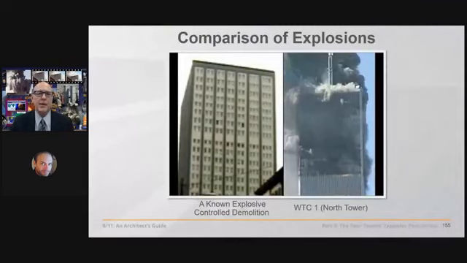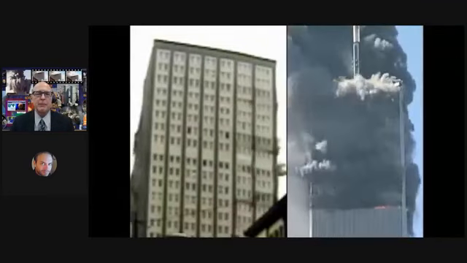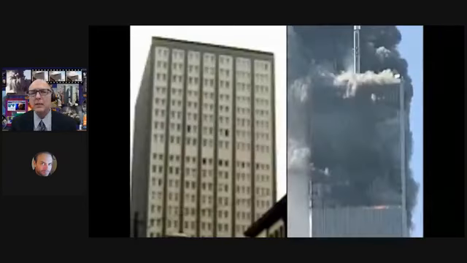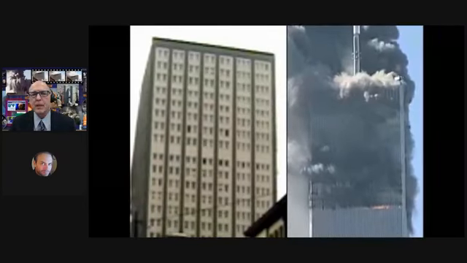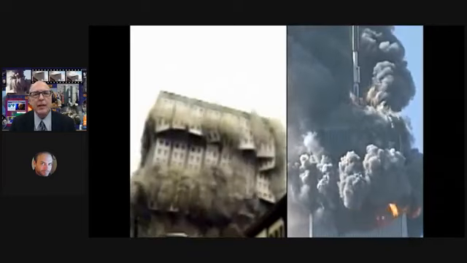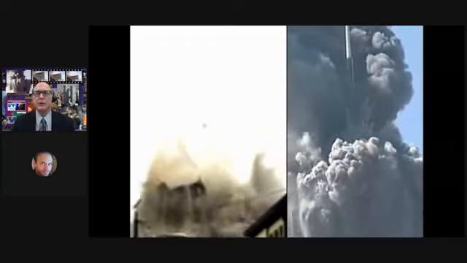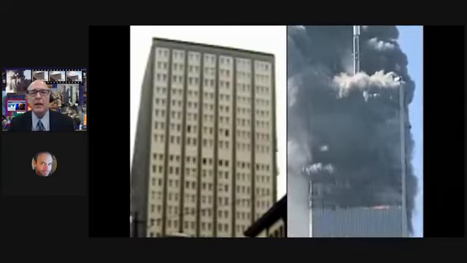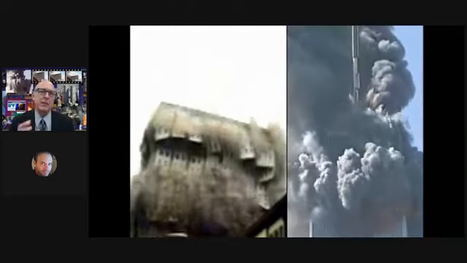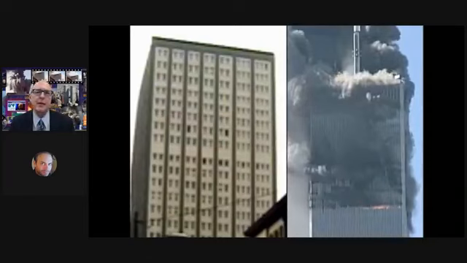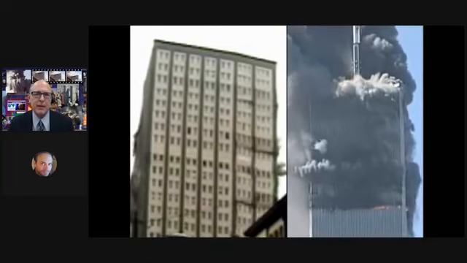Let's see what they're talking about. Take a look at the North Tower on the right compared to a known controlled demolition on the left. Is there any similarity? Is there enough similarity to warrant an investigation into the possible use of explosives, especially since it looks exactly like a controlled demolition, especially since fire, the official cause of this building's collapse, has never brought down a skyscraper?